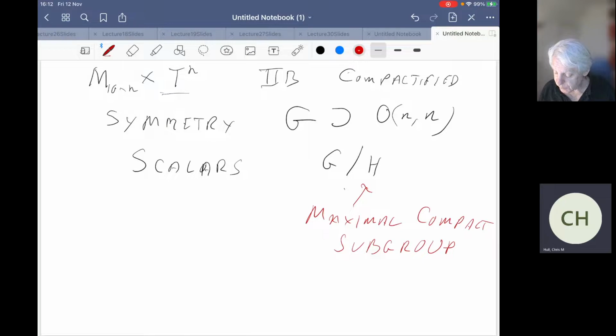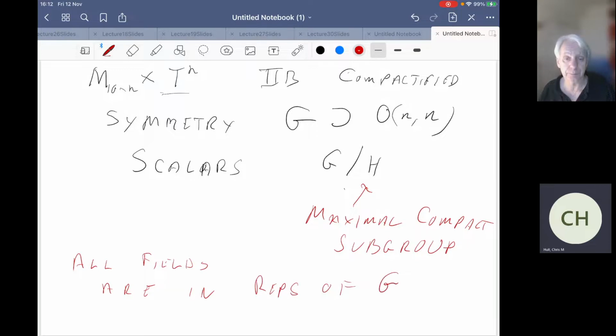And because it's a symmetry, all fields transform as a representation of the group G.